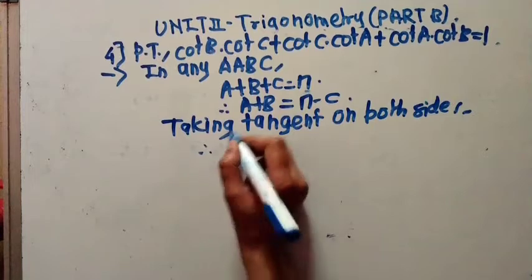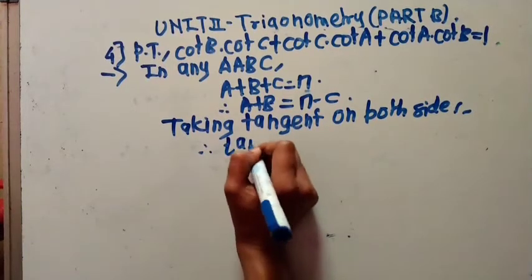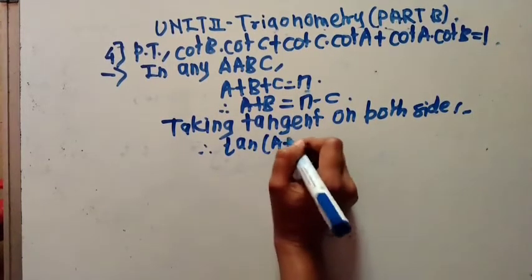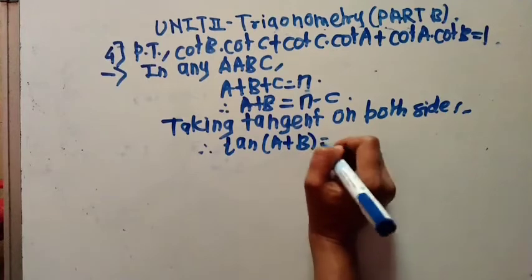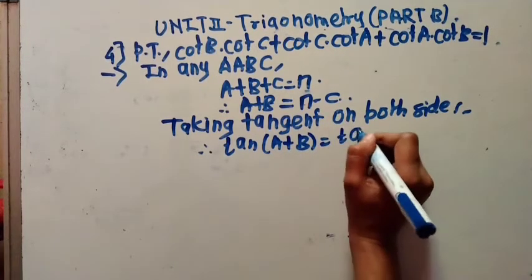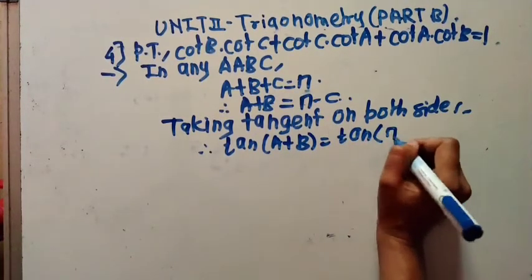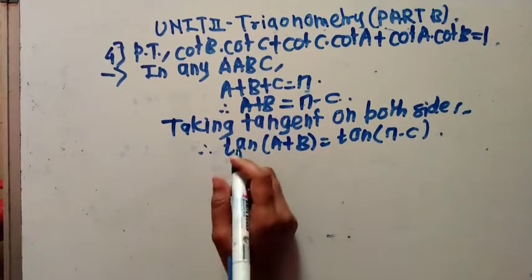we get tan(a + b) is equal to tan(pi − c).